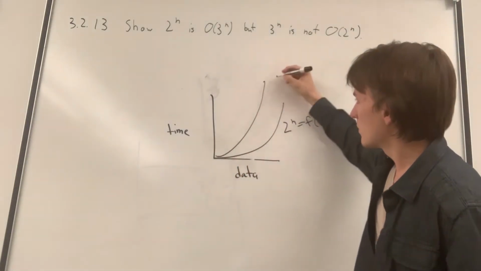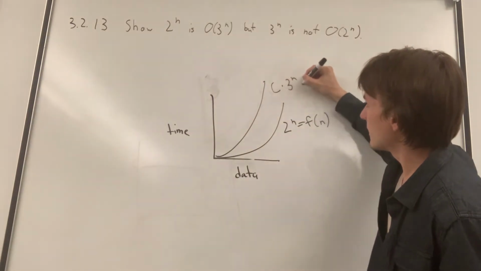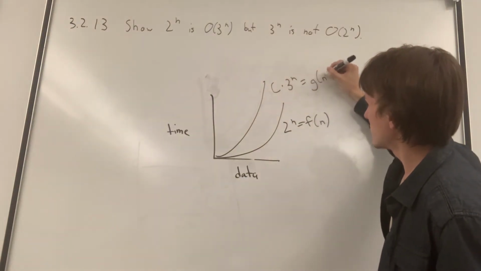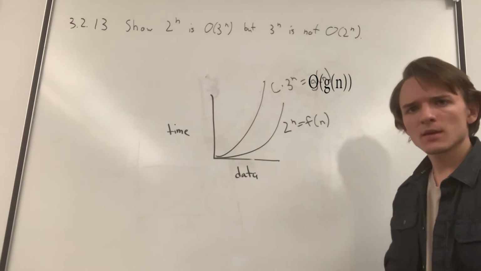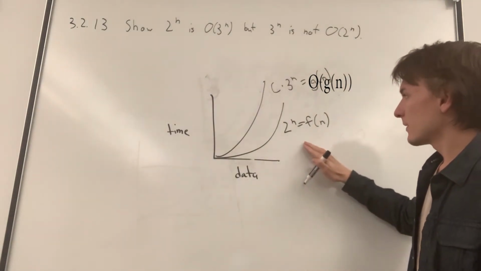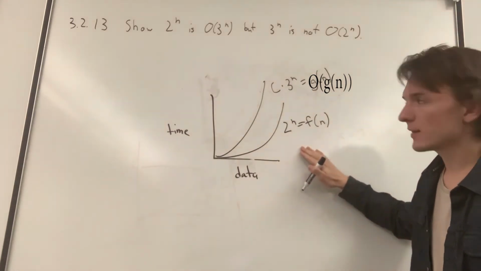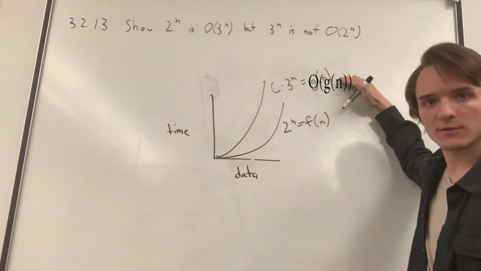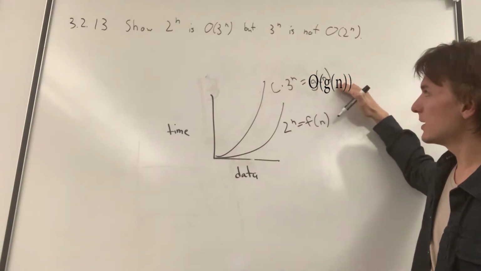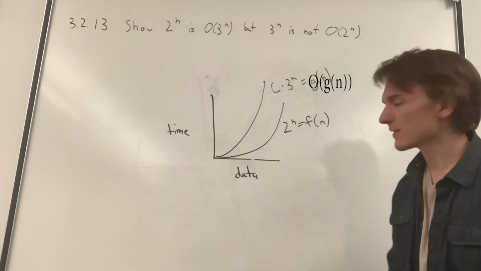This line represents c times 3 to the power of n, and we'll set it to something like g of n. We're essentially saying that 2 to the power of n will never exceed the growth rate of c times 3 to the power of n. And this is true whether c is 1 or c is 2 or anything like that.